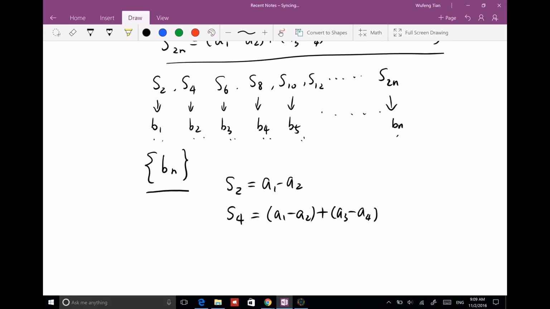Alright, so I just say b_n is a non-decreasing sequence.